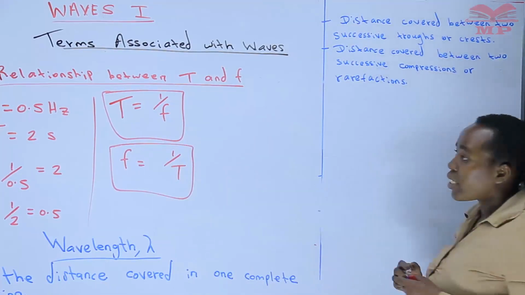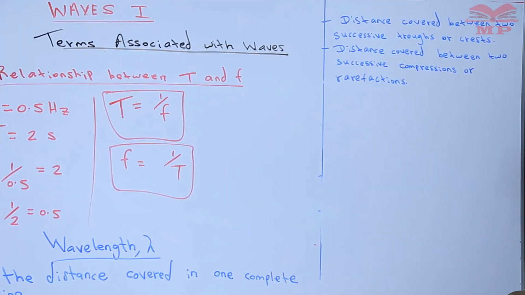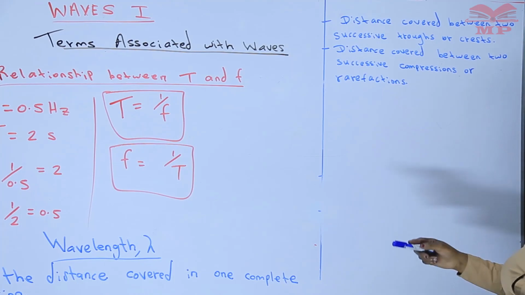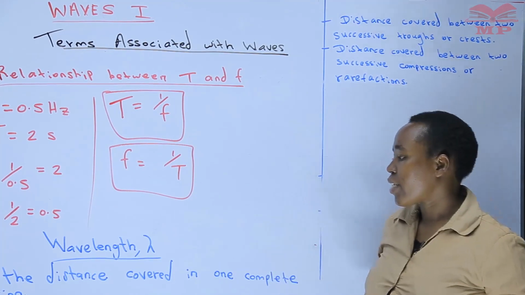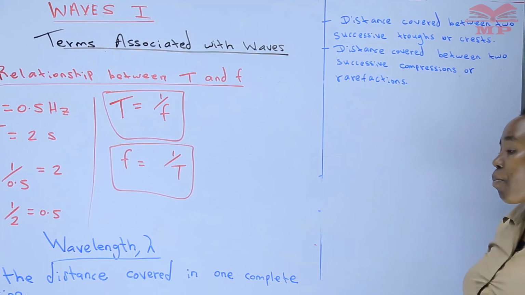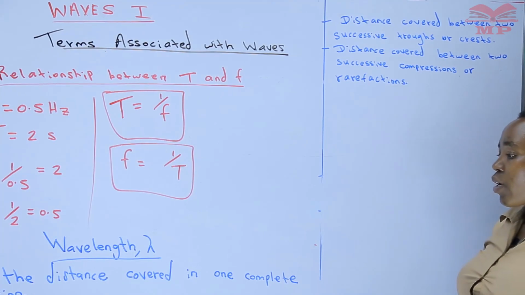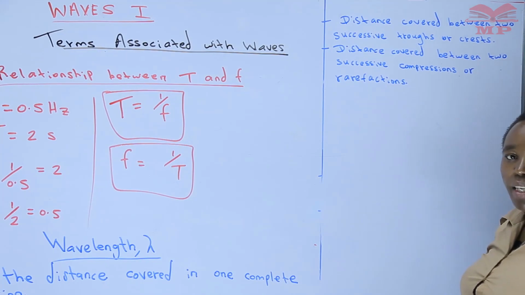We'll see that in an example of a sketch for a wave. So we are saying that wavelength is the distance covered in one complete oscillation. We can also say that it is the distance between 2 points in phase.